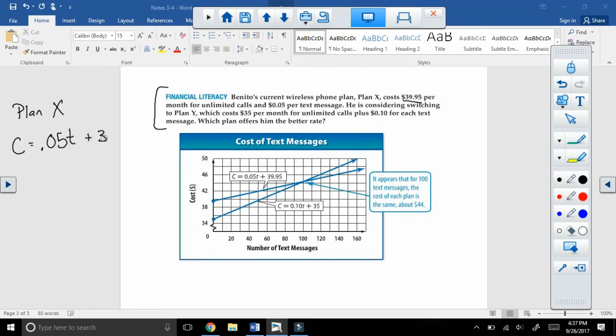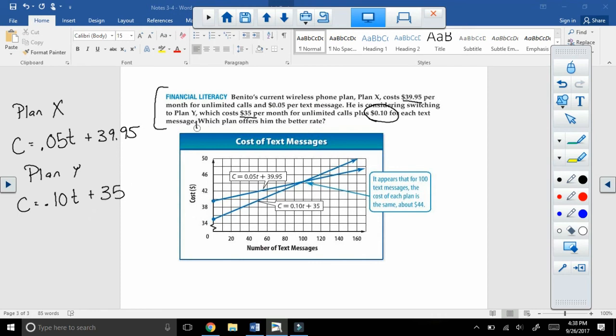And then it's plus that $39.95 set rate. And then you have Plan Y. Plan Y costs less per month, but they charge 10 cents for every text. So Plan Y, the cost is 10 cents a text, but only $35 per month to begin with.